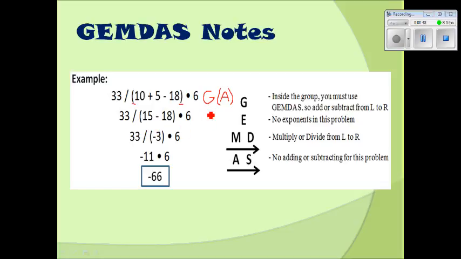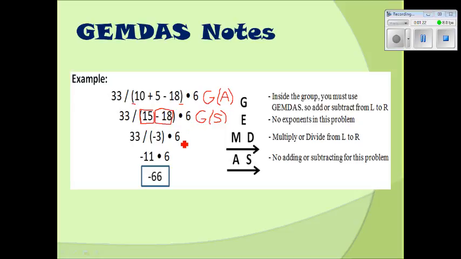Now, on my next line, I still have a group. So I still need to be looking at my G category. Inside my group, I can see subtraction, 15 minus 18. So I subtract, I use my rules, boxing here, I box the number, I box what's in front, and I have a 15 and a negative 18.